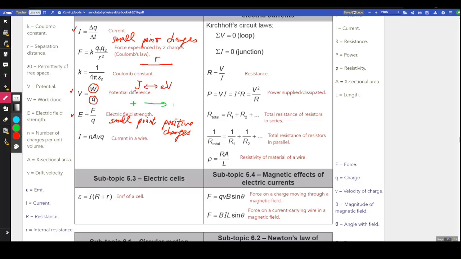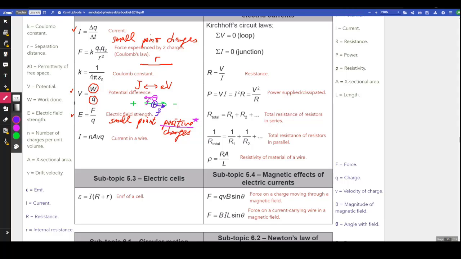It goes from positive to negative, and therefore if you have a positive test charge, it would experience a force along the electric field. While if you have a negative charge, it will have a force going opposite to the electric field. That's why in the definition it's very important to also include the idea of positive.